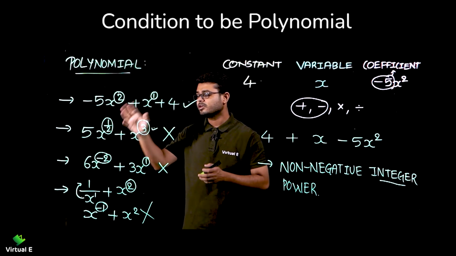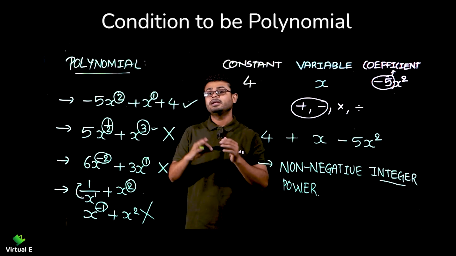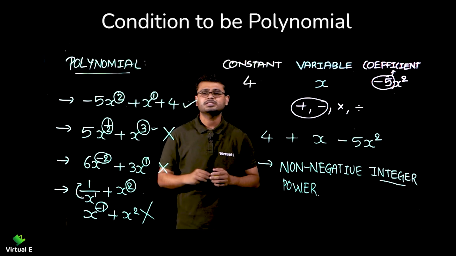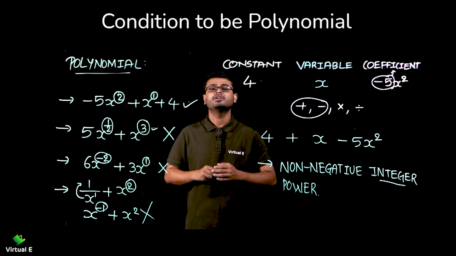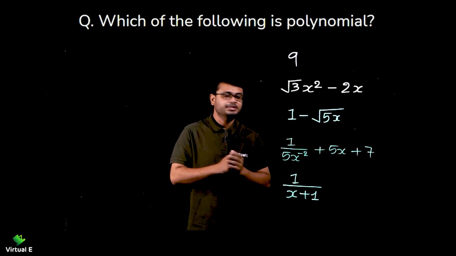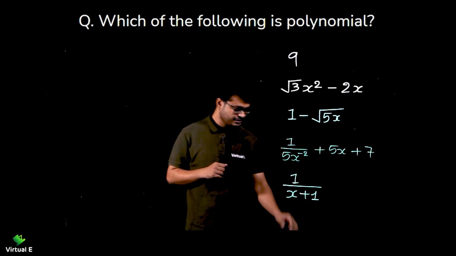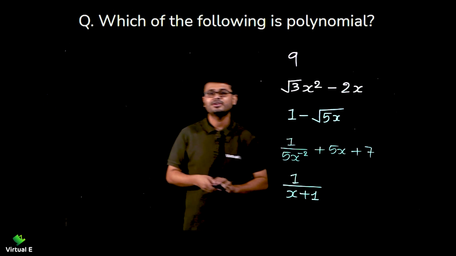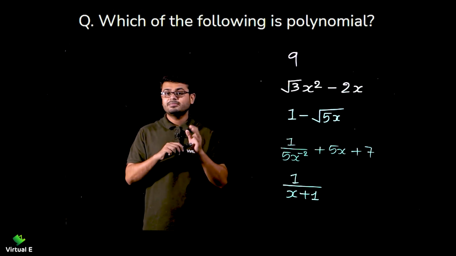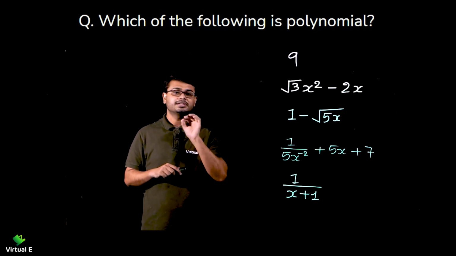So we always need to remember one very important condition, non-negative integer power, right? If it is being followed, then it will be a polynomial, otherwise it will not be. Now let's discuss a few questions based on the identification of polynomials. Which of the following is a polynomial and which of the following is not? Let's start. First of all, it is written 9 over there. Is it a polynomial?